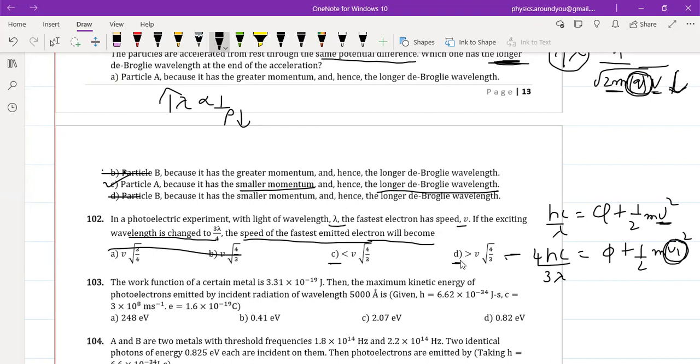Well, for that, we will try subtracting the equations, and then we will try to get the right form of the inequality. So what do we do here?